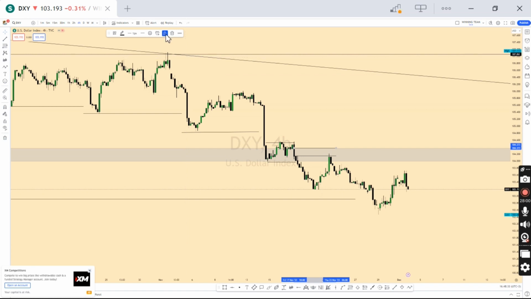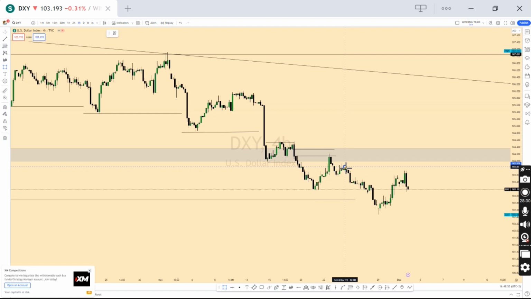We just went up and filled the gap, and then we continued dropping below. Then we had another gap here which was filled, and also an order block. That's a bearish order block right at this level there.